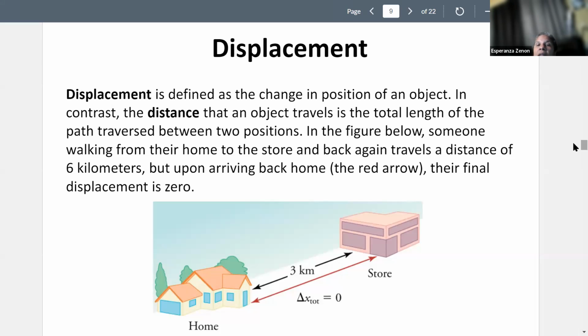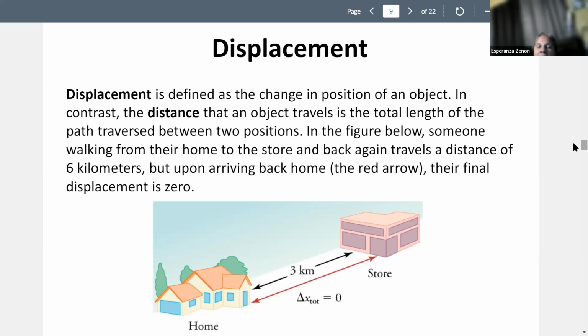And so we say that the object is in motion, and then we measure how much of a position change. That is called displacement. So the quantity that specifies how much of a change in position is called displacement.